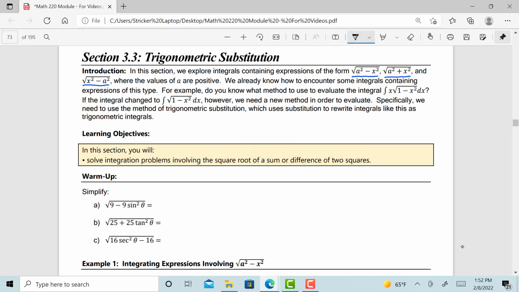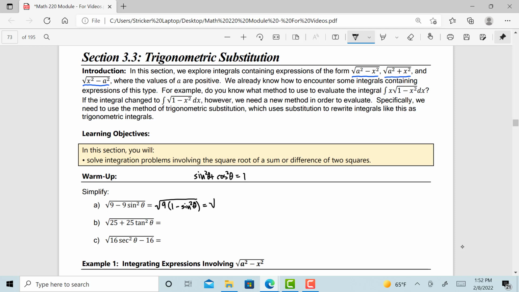So in the first one, if you were to notice that both terms have a 9, so we could factor a 9 out, which leaves 1 minus sine squared. And then remembering our Pythagorean identity, which says sine squared plus cosine squared is equal to 1, that would mean that 1 minus sine squared is cosine squared.